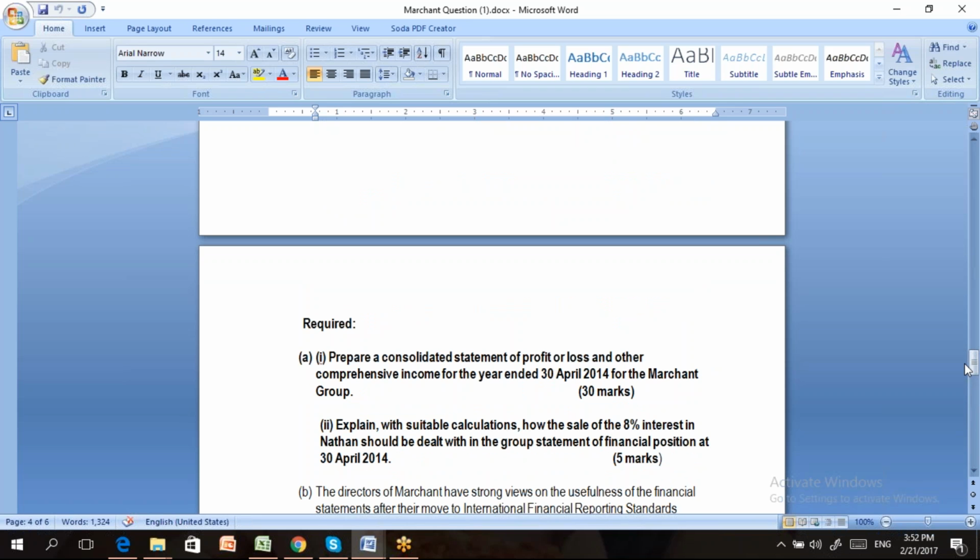You remember how we calculated that 3 point something. When we calculated that, the 8% sale was bringing us 5.3 million. 18 million was the total sale value.